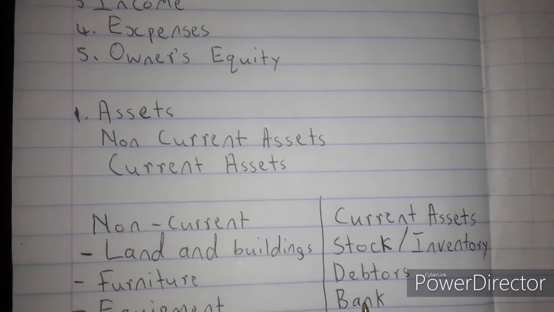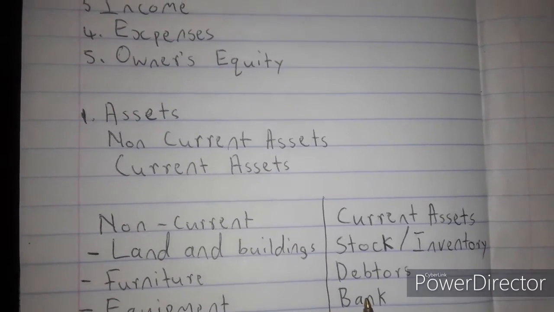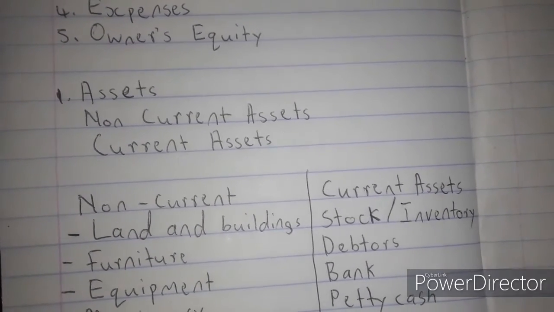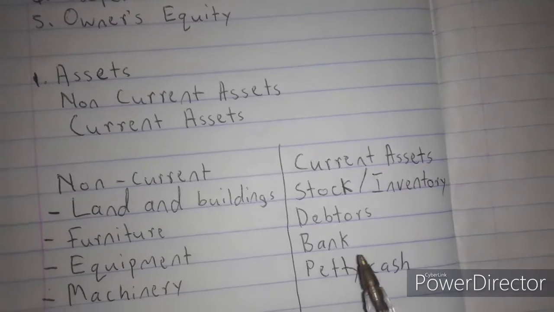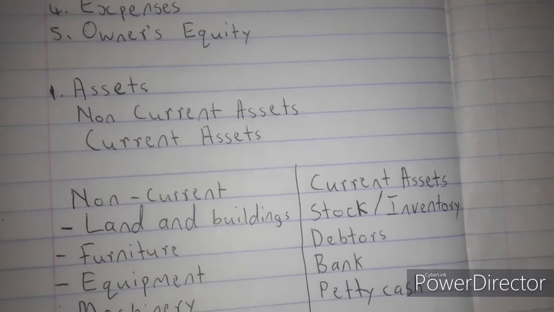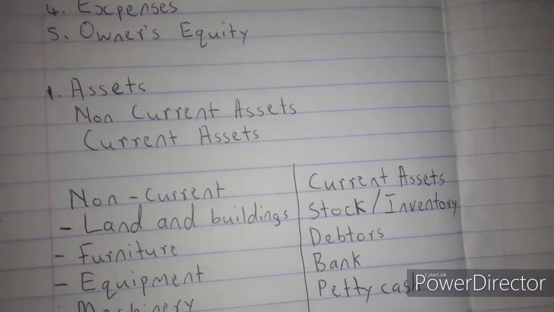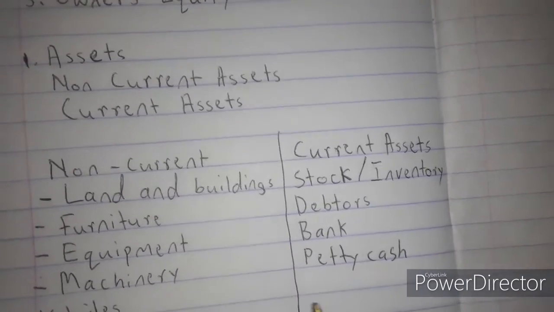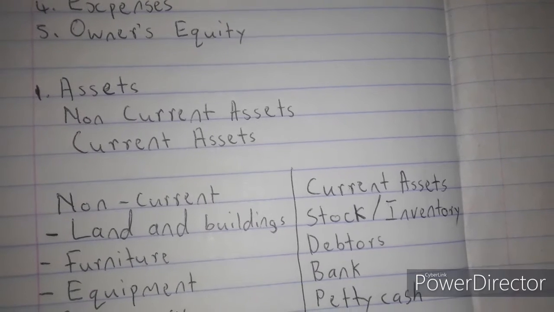Bank refers to the amount of money the business has in its check or current account at the bank. Then the petty cash.